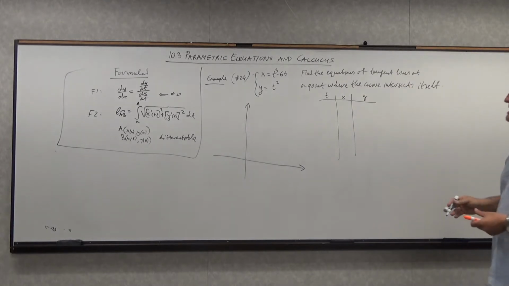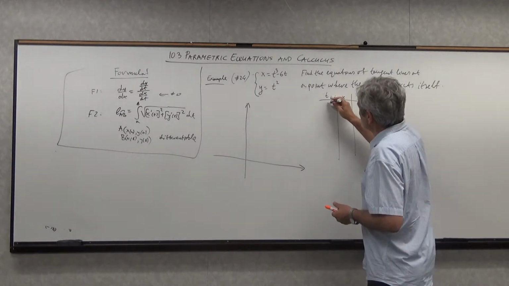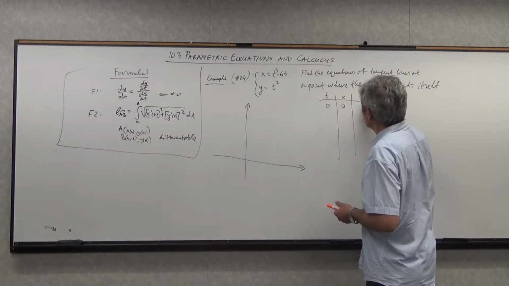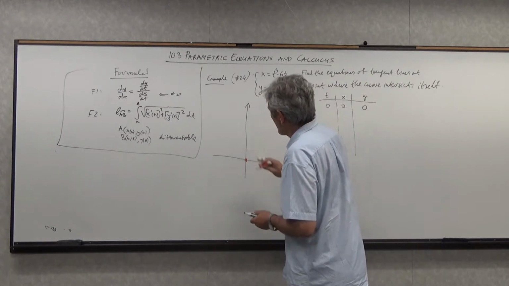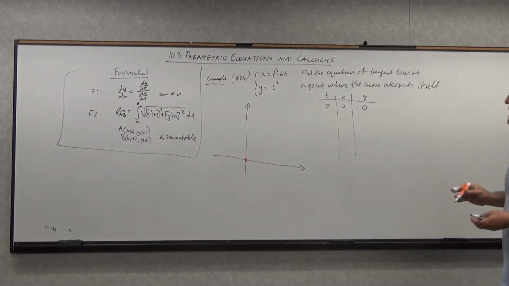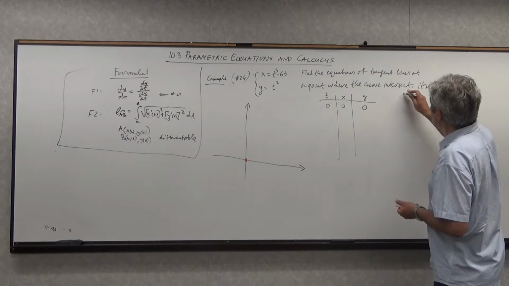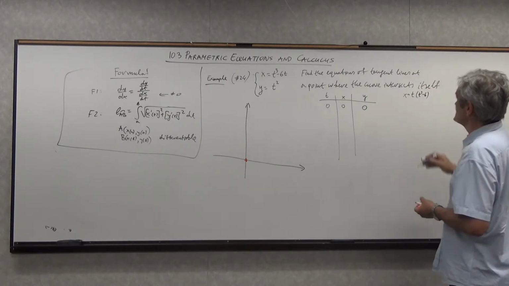Because I observed that, I'll save some time and start with positive t, with t equals 0. When t is 0, I get 0 as well. So here is one point. And then x is basically t times t squared minus 6.